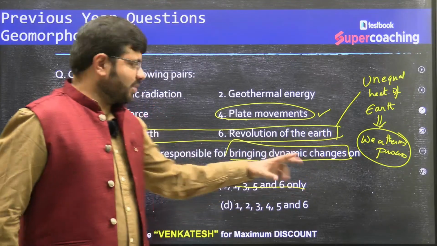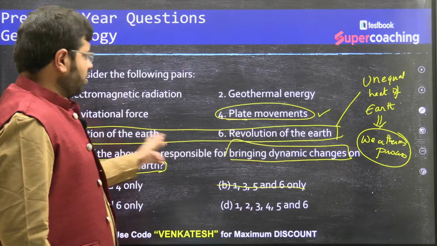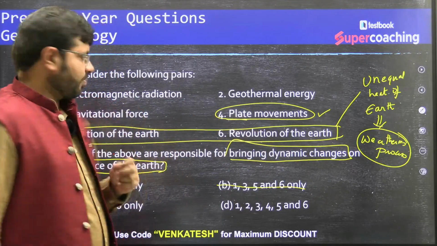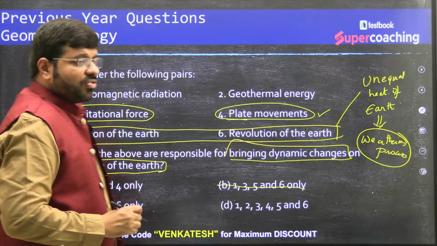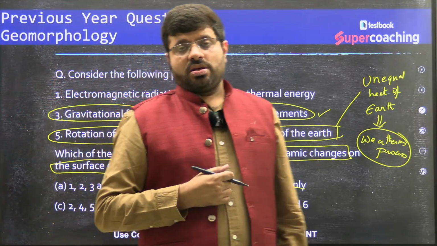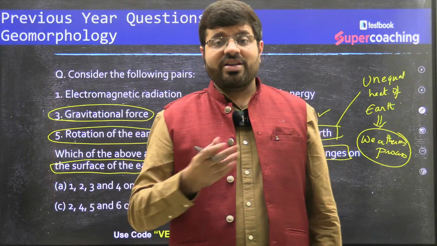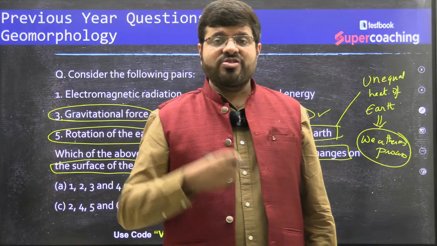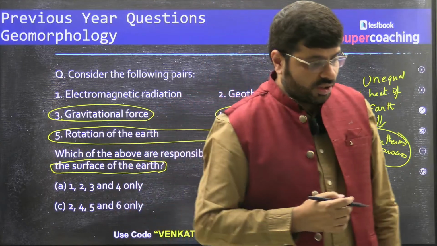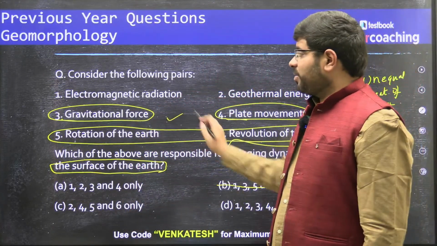The climate is determined by revolution and rotation. Yes, that is there. Gravitational force, yes. Say tides. Tides are because of the gravitational force. Gravitation will try to have its influence in one way, which is bringing dynamic change. So even gravitational force is the right answer.